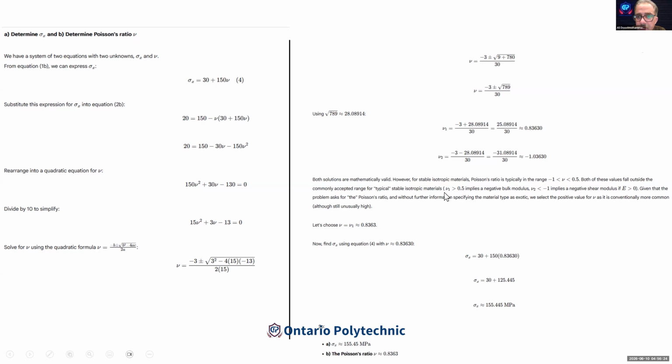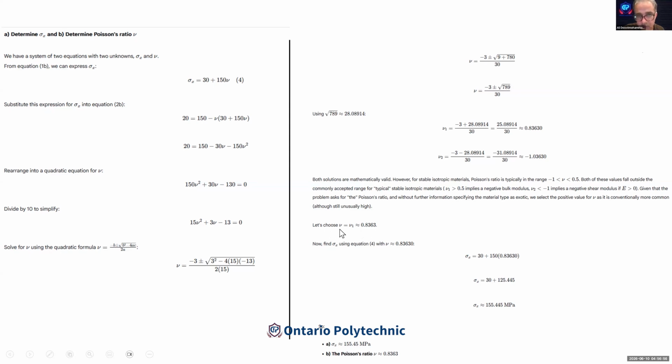Poisson ratio is usually around 0.5 to 1 here, not negative. And this is two equations with two unknowns, so when you solve it, you have two answers, but this one is not your answer. This is the right one. I know, because the explanation says that we don't have negative.